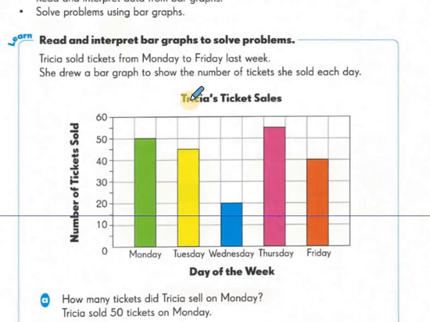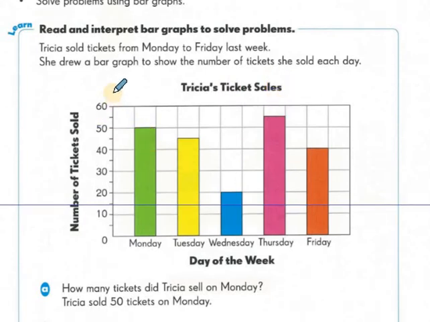So the title is Tricia's Ticket Sales. How many tickets did Tricia sell? And I can see that the vertical axis has the scale, and the scale is counting by 10. And these numbers represent the number of tickets that Tricia sold.